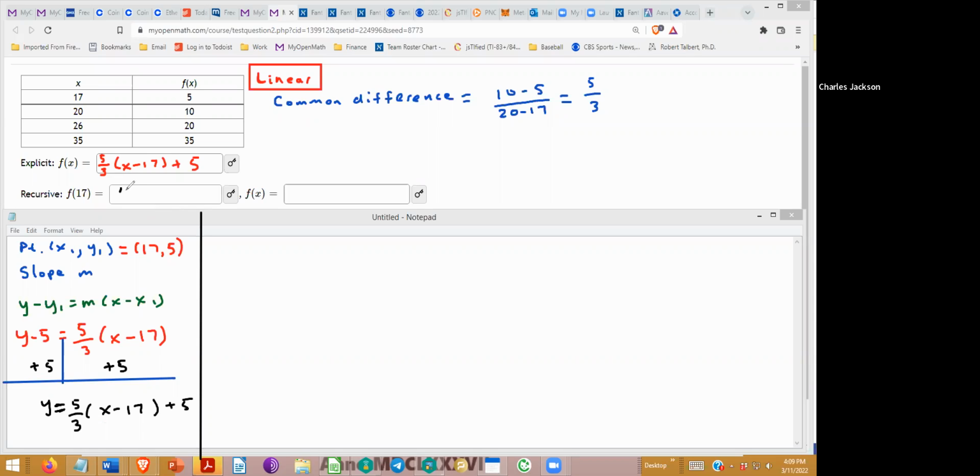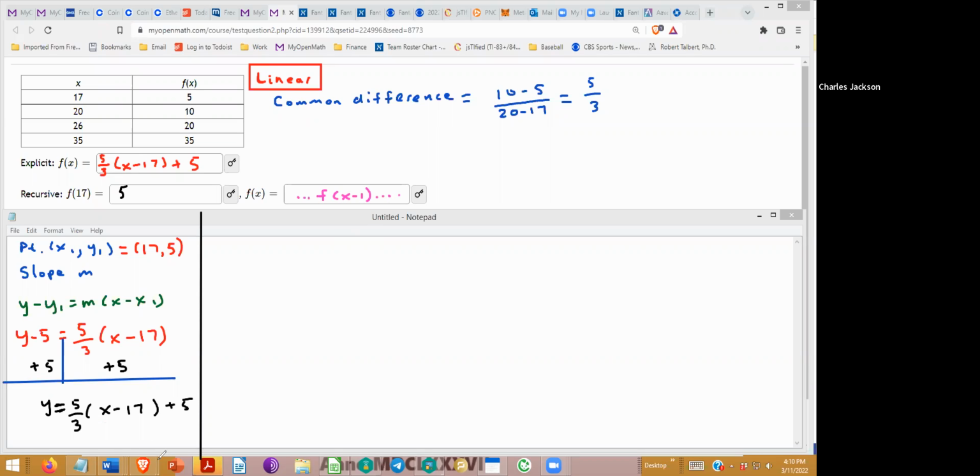I mean, it's right there, right? When x is 17, y is 5. So f of 17 equals 5. And now we want a recursive, which we said was going to have an f of x minus 1 in there somewhere.